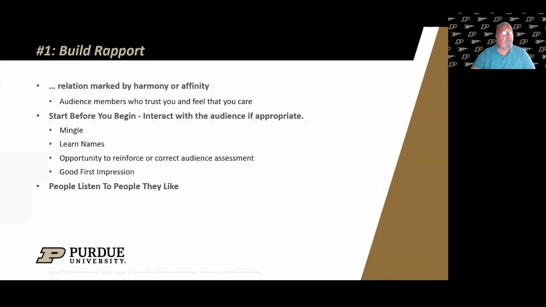Building rapport, in my mind, is critical. If I'm doing a training session, I go ahead of time, and I would encourage all of you to go ahead of time and get set up, so that I'm not worried about any of the materials or the technology. That way, as the trainees start to come in, I can talk with them.